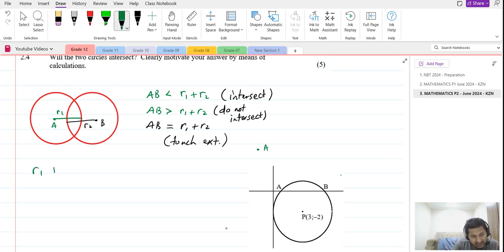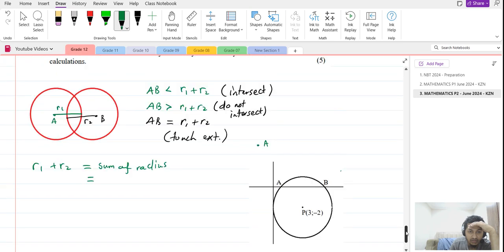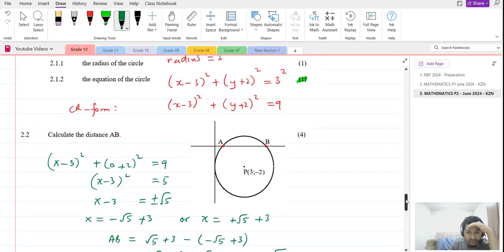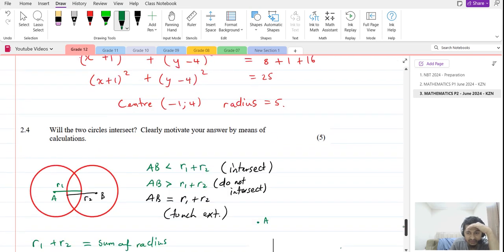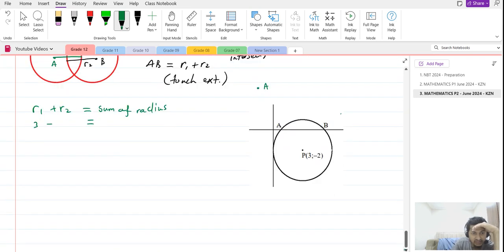So you can say R1 plus R2 is the sum of radii. What was the radius here? 3, and the second radius is 5. So 3 plus 5 is equal to 8. That's the sum of radii.